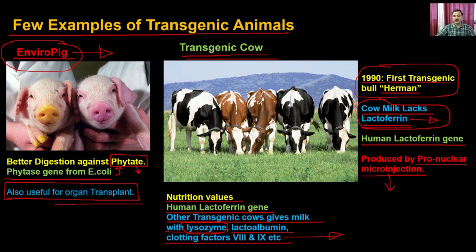So this is important in those patients who have clotting defects. So that's how these transgenic cows are giving milk which provides different types of human proteins, whether it is lactoferrin or lysozyme or lactoalbumin or the clotting factors.